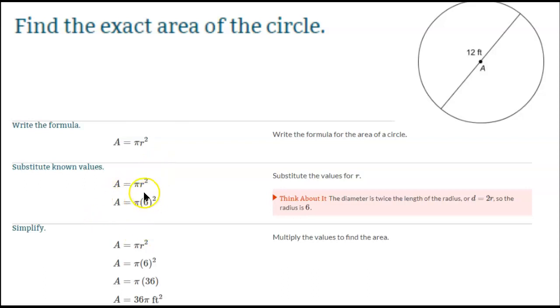There's nothing that I can do mathematically inside of my parentheses, so this just means multiplication, but I do need to do my exponents first. So 6 squared is 6 times 6, which is 36, and they asked me to leave it in terms of pi. So my area for a circle with a 12-foot diameter, 6-foot radius is going to be 36 pi feet squared.